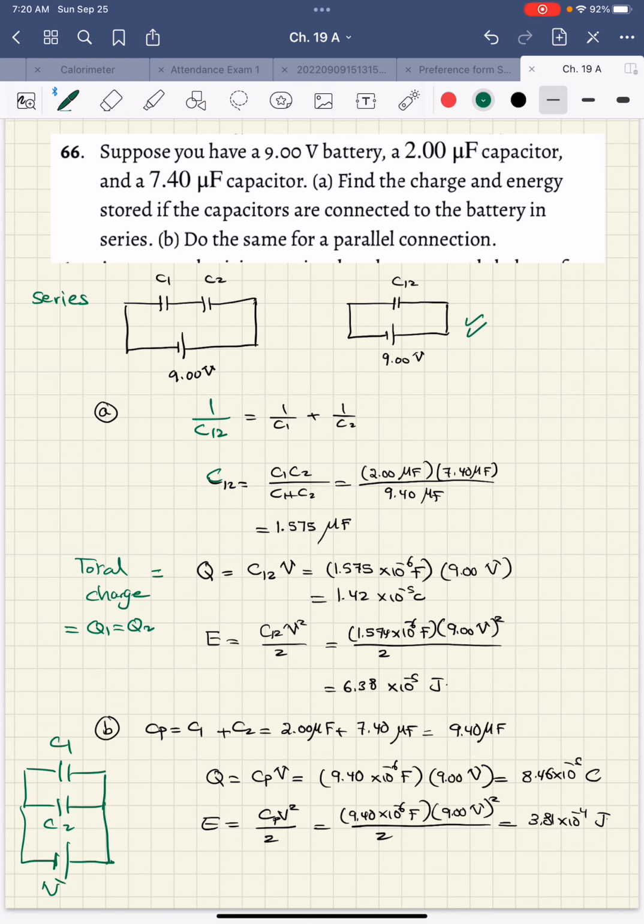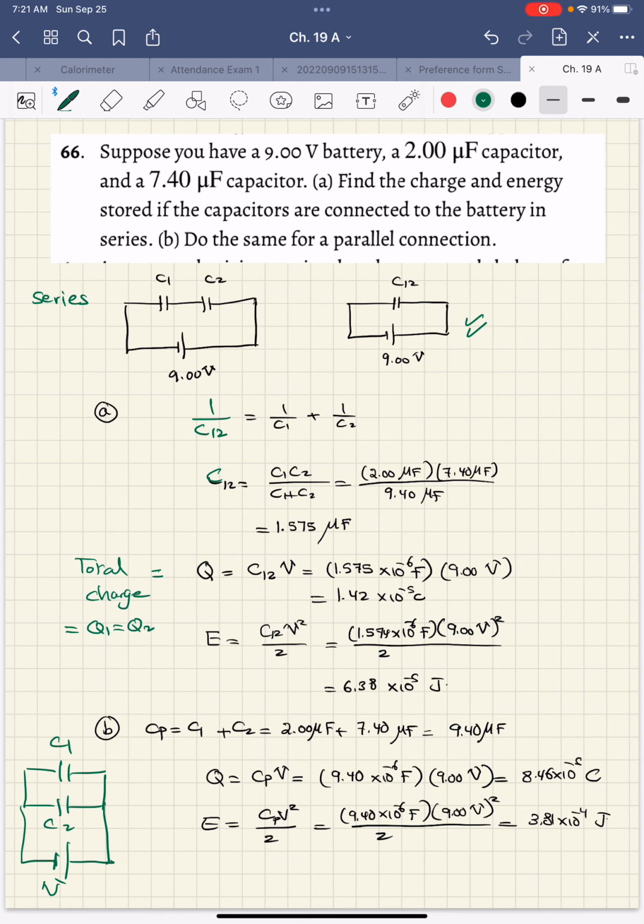And then I can say that their equivalent is going to be C1 plus C2, which is 2 microfarad plus 7.4 microfarad, which is 9.40 microfarad. I can find the total charge, which is 8.46, which is the equivalent capacitance times the voltage. And then from that, I can calculate the amount of energy.